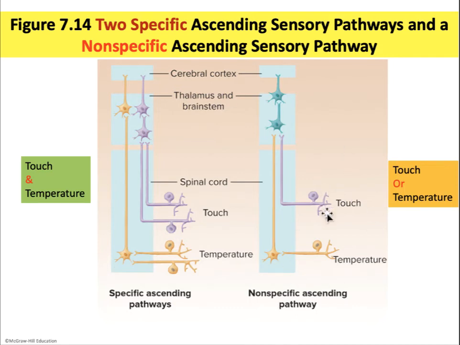In other areas, the two neurons, the sensory neurons for touch and temperature, interconnect to a single neuron. And in this case, the upper areas of the central nervous system, the higher centers, are unable to tell whether there's touch or temperature. They know there's going to be one or the other, but they can't discriminate between the two. So these are non-specific ascending pathways, and these are specific ascending pathways.